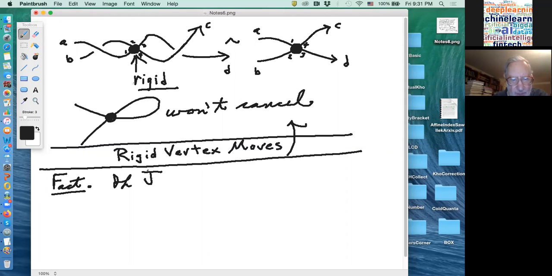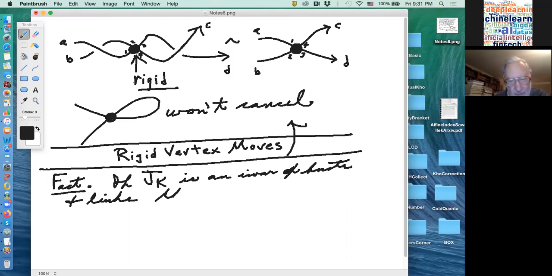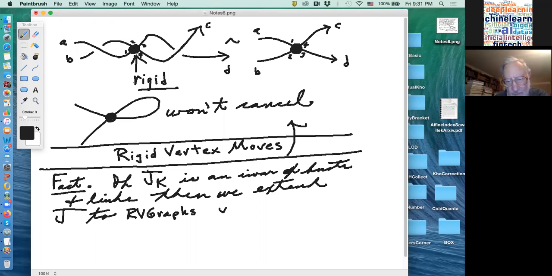if J, or J sub k, is an invariant of knots and links, then we can extend J to RV graphs, rigid vertex graphs, via, if ever you see a vertex, then you're just going to replace it by maybe an over and an under.